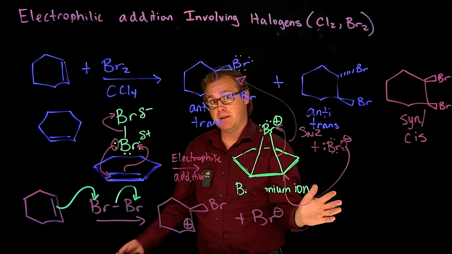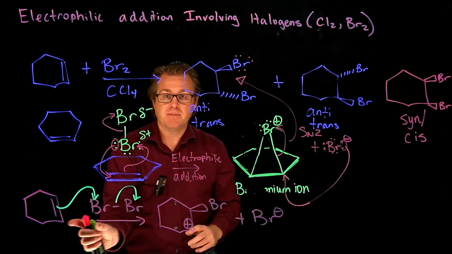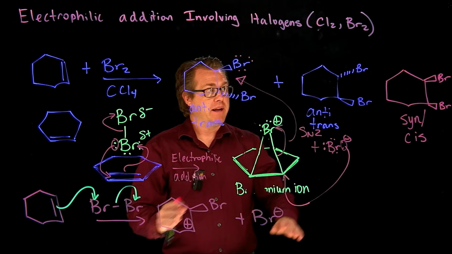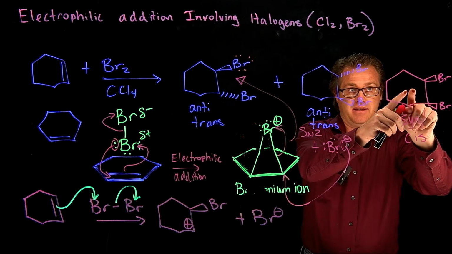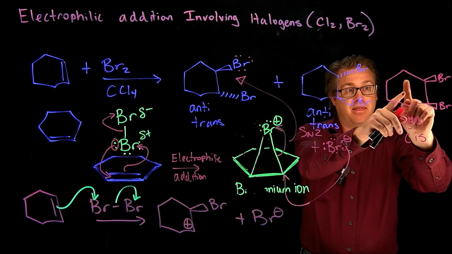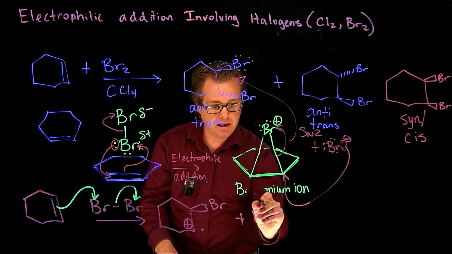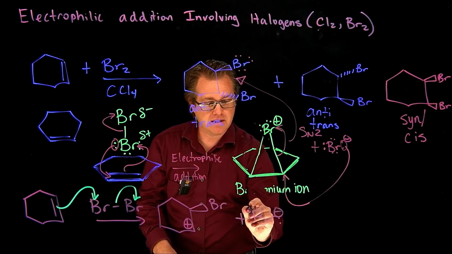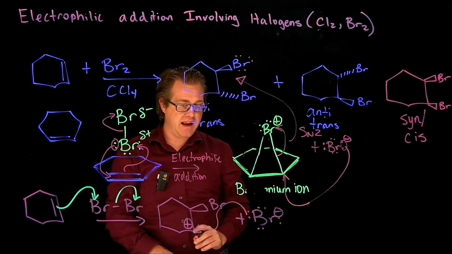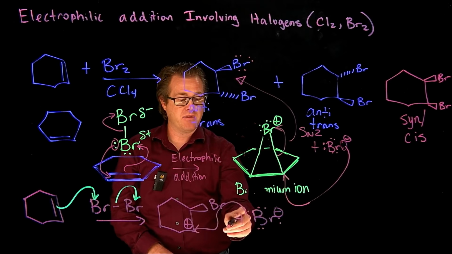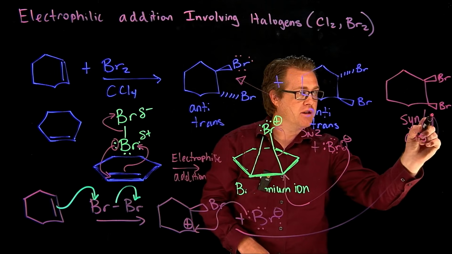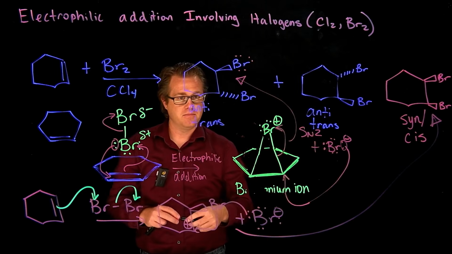So that's a possibility. But we know this mechanism is wrong because we don't see any of this. In order to get this product, this bromide would have the same probability of attacking from the top face. And if it attacked from the top face, we would generate that product.